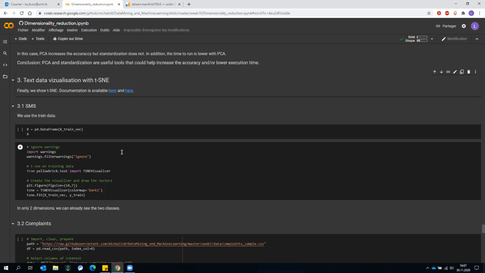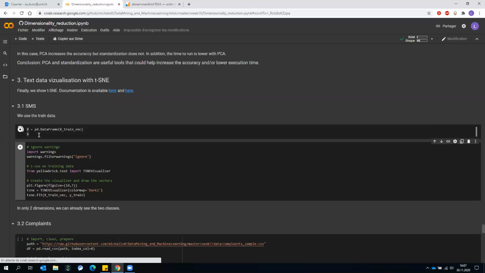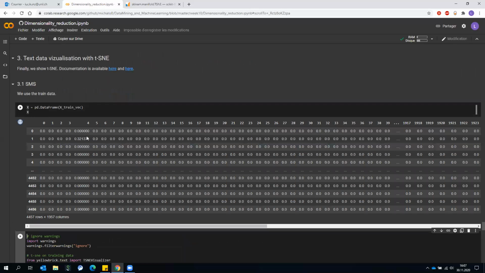And I provide here two examples. The first one, we use the training data vectorized of the SMS. So this one basically is the result of TF-IDF. So you have those almost all 0, and sometimes you have a value because word number 4 is in document number 1.